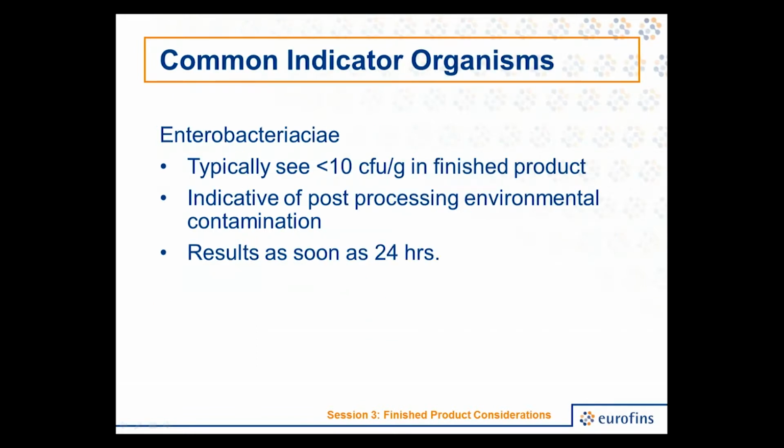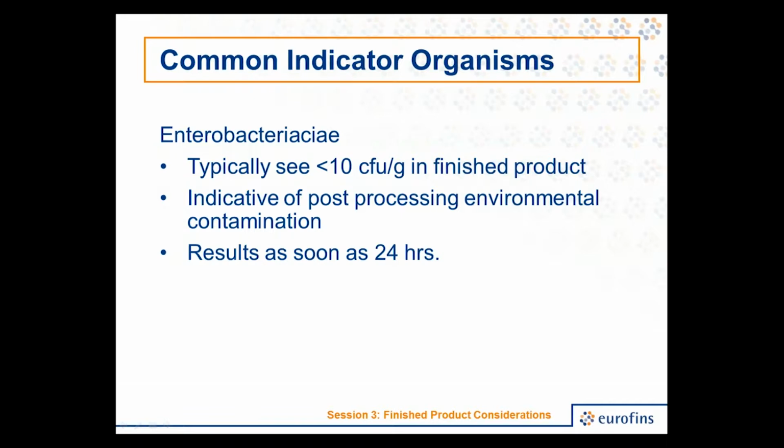So the first indicator organism that we get asked about quite a bit is Enterobacteriaceae, otherwise called EBAC or EB. This is just a large group of organisms with similar characteristics, usually gram-negative, glucose fermenting, all of a similar shape.